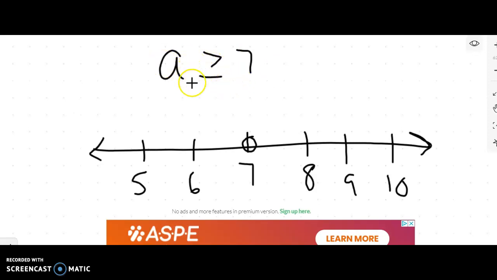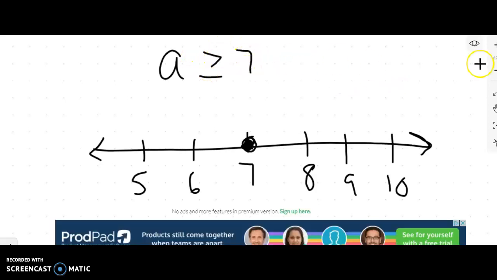As you can see, indicated by this line under our greater than sign, it is included, so we are just going to shade that in. It says A is greater than or equal to 7, so it's any number larger than 7. Also, you can just look right here, and this is pointing to the right, so we're going to shade that in. And there you go. All done.